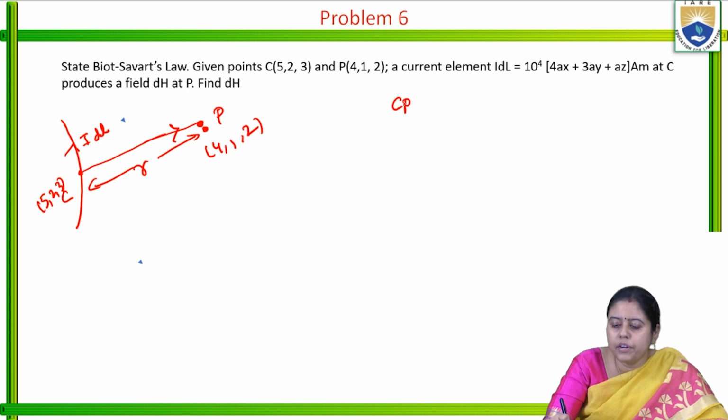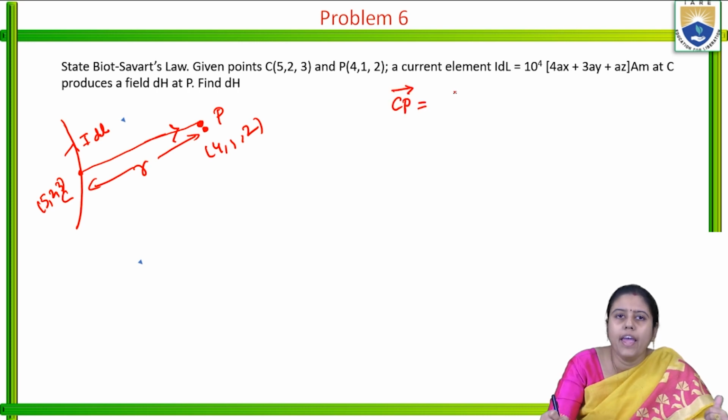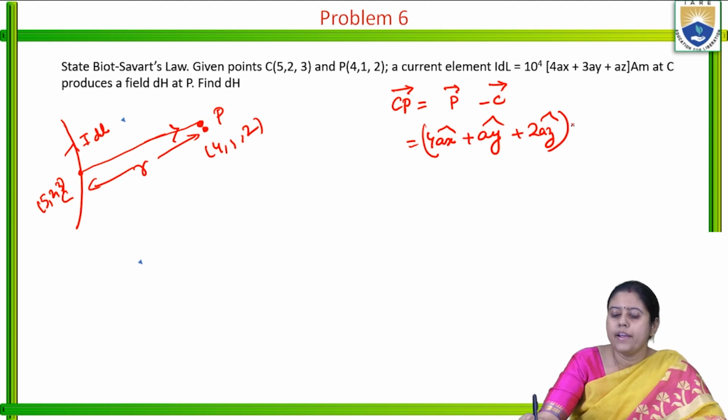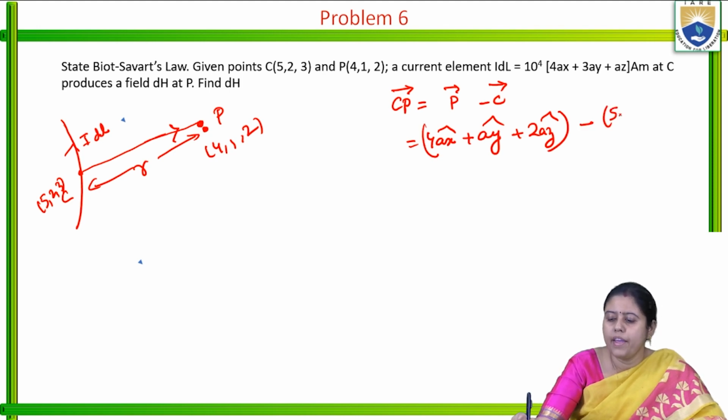So what is the equation of the line CP? End point minus starting point. 4ax plus ay plus 2az, minus C which is 5ax plus 2ay plus 3az.